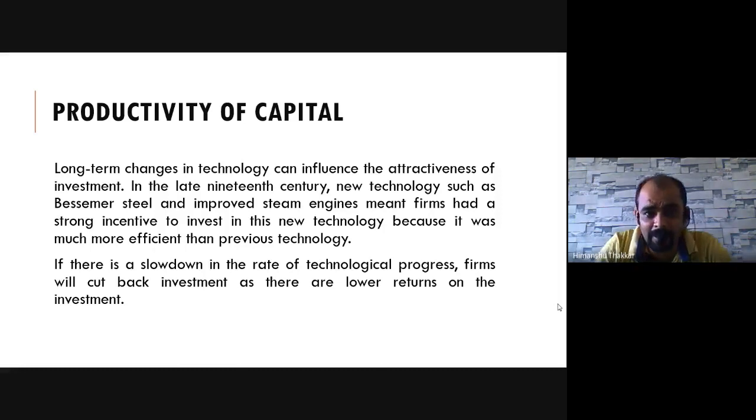So, technology also encourages the investment. If there is a slowdown in the rate of technological progress, the firms will cut back investment as there are lower returns on the investment.